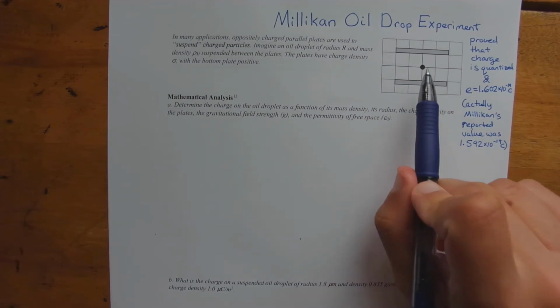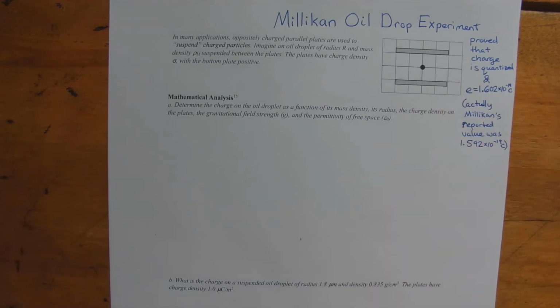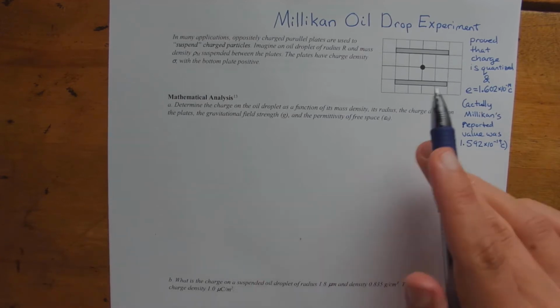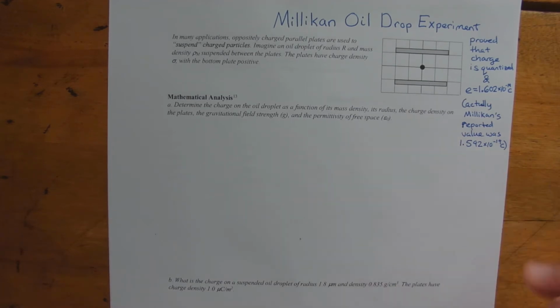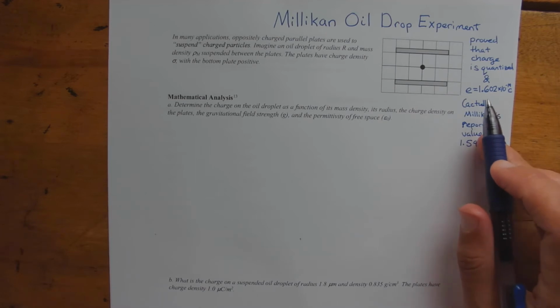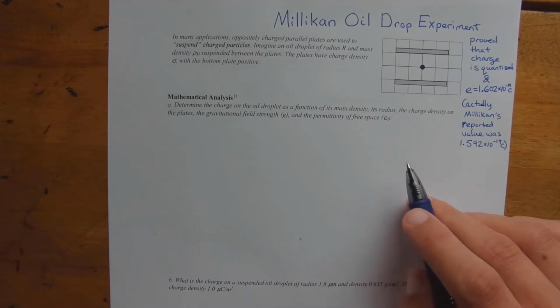The way the experiment works is you spray some oil droplets into the space between the two plates, and when you spray them, you have no way of knowing what the mass of these different droplets are going to be, and you can't really measure the mass of all of them, but by looking at the droplet, you can measure the radius. We're going to come back and talk about what was shown in the experiment in just a minute, but first we're going to solve the problem.